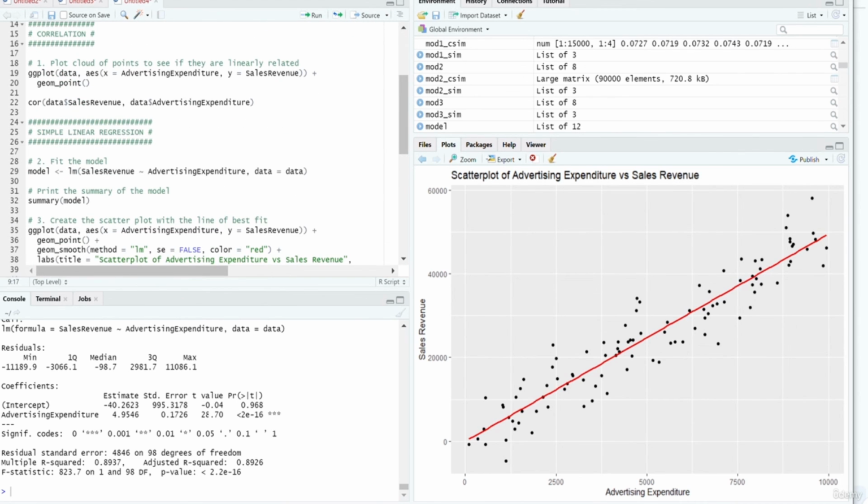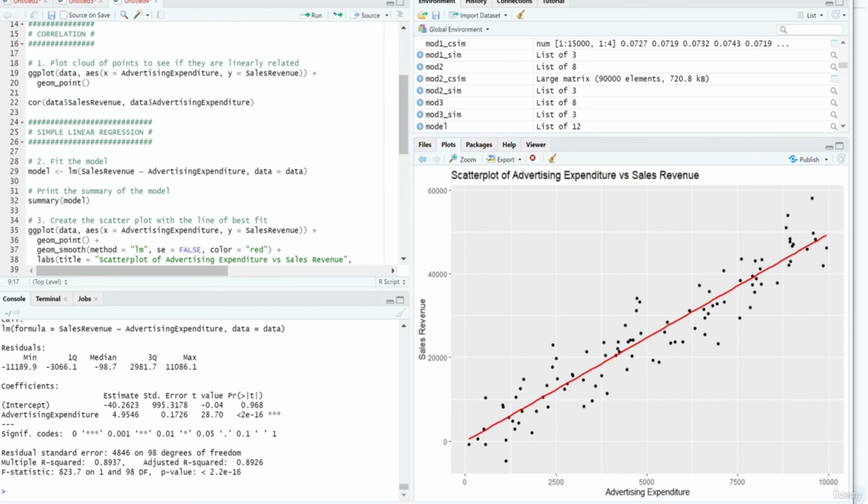What I think is interesting is that it calculates a standard error. It doesn't learn it; it calculates a standard error, then a t-value, and then a p-value for these coefficients, testing the significance of each coefficient. What that really means is that we apply what we learned about t-tests.